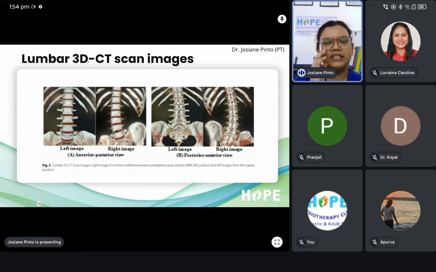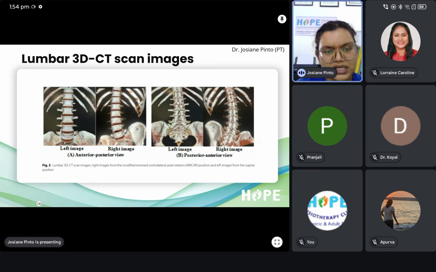Now let's look at lumbar 3D CT scans. So here you can see the left images are from the supine position where they are just lying straight, image 1. And the right image is from the modified reversed contralateral axial rotation position.